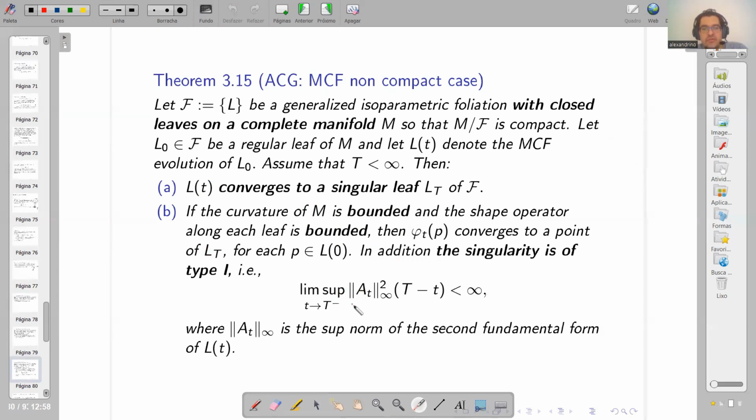And the convergence is the best possible kind of convergence. It's called type 1. It essentially says that it behaves like orbits, like the mean curvature flow of cylinders and spheres. It explodes, but explodes in a nice way.